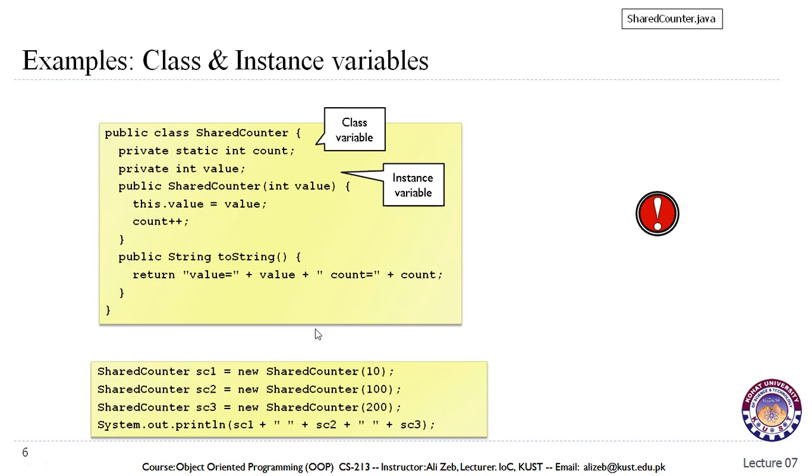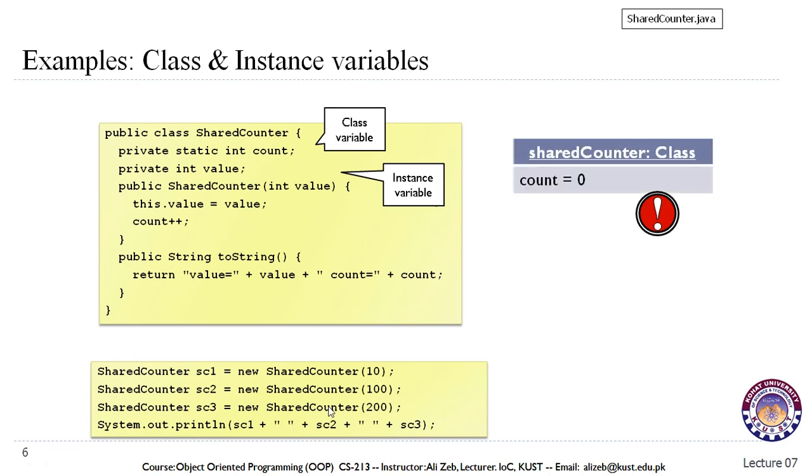But what should happen is that the count increment should add 1 to the previous value in the count variable. Since we have created a second object, the value of the count variable should be 2. And the same should be the case for the third object.